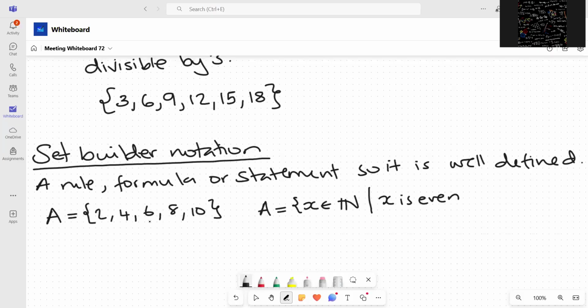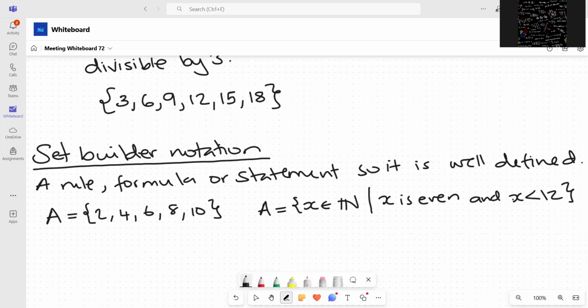So we're looking at describing the elements we have here, and X is less than 12. Okay, so here you look at what you have defined and written here. Does it accurately define or include all of the elements? I have 2, 4, 6, 8, 10. These are all natural numbers. They are all even, and they are less than 12. So this is the way to write it.